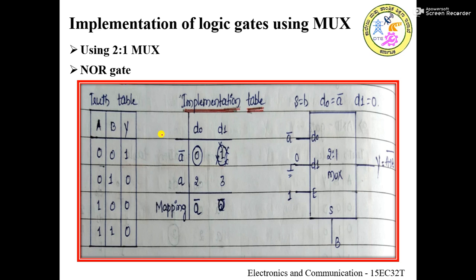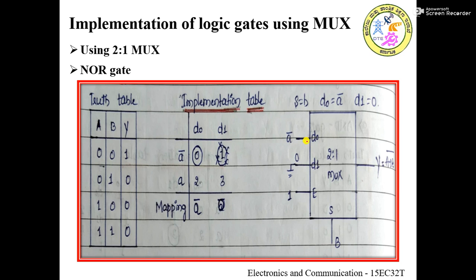Similarly, the NOR gate. B is connected to the select line and A is treated as the map entered variable, and as per the implementation table we will modify the D0 and D1 contents. Once we do all the steps whatever we have done in the previous case, we get D0 equal to A bar and D1 equal to 0.